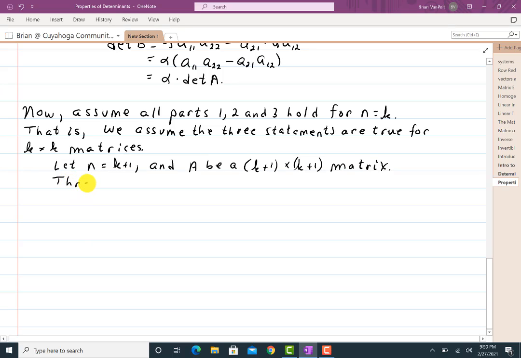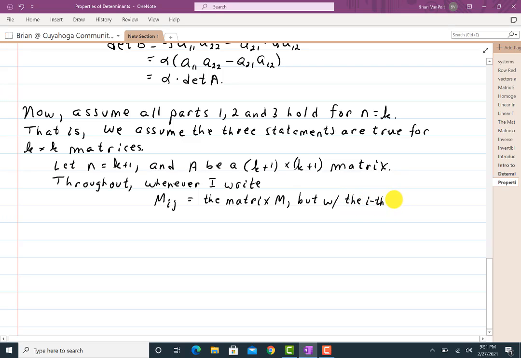Throughout, whenever I write Mij, this is the matrix M but with the ith row and jth column removed.